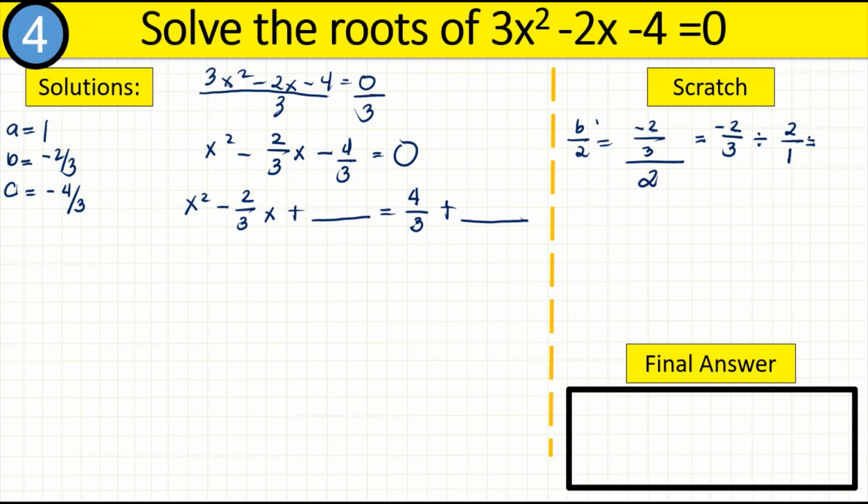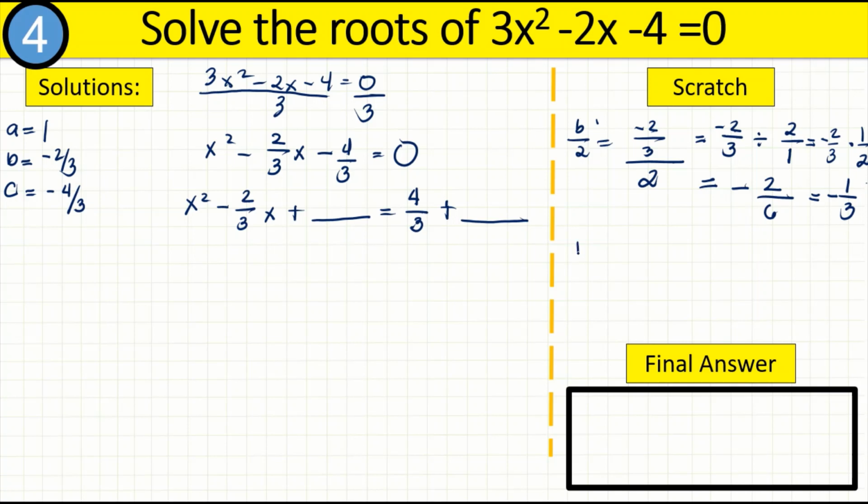So, we will have negative 2 over 3 times 1 half. Okay? Kapag ni-reciprocate na yung divisor natin, gagawin natin ito multiplication. So, we will have negative 2 times 1 equals negative 2 over 3 times 2 equals 6. Or simply, negative 2 over 6 is equal to negative 1/3.